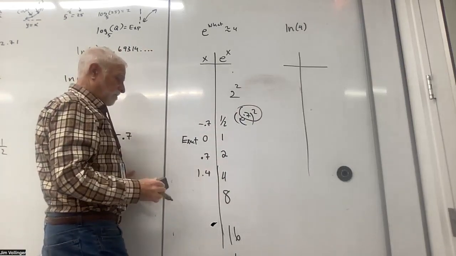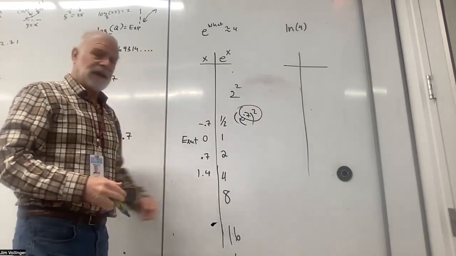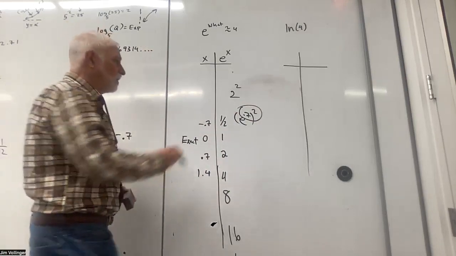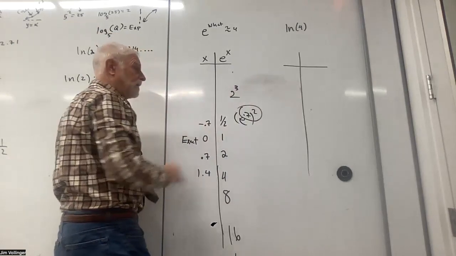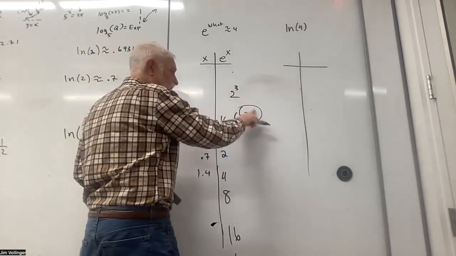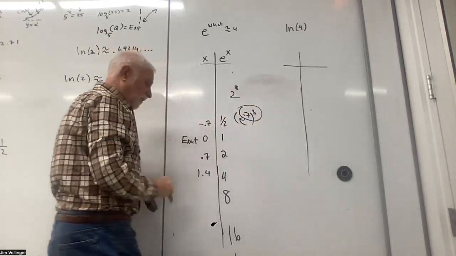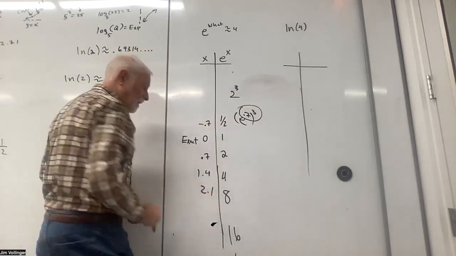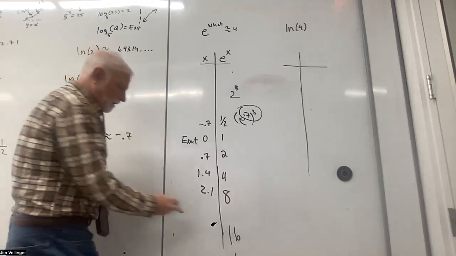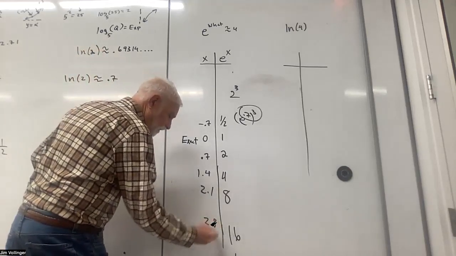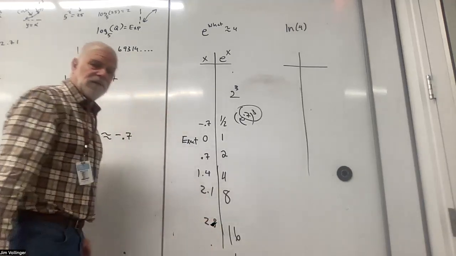Is it a big step to get 8? I don't think so. We want to cube 2 to get 8, so 2, instead of being squared, gets cubed, and we get 2.1. I think we can stop right there and see a pattern. 2.8, 3.5, etc.